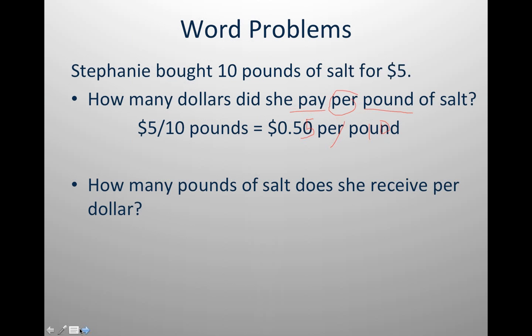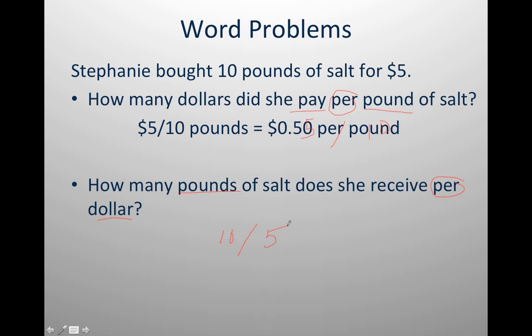Okay, so we can see that. Now here is the same thing again. She receives, okay, so how many pounds of salt does she receive? So there's that word pounds again. And then here's the word per right here. And then the dollars are here. So now that gets reversed. 10 divided by 5, which ends up being 2.